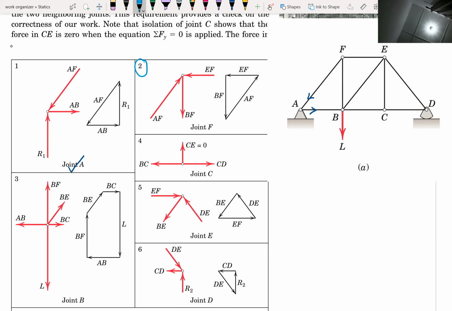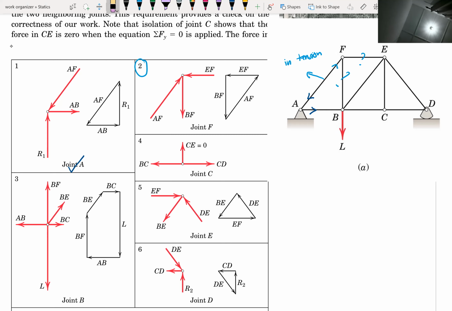Here we have A, so this one should be opposite, because we call this tension. In any case the direction should be opposite. If this is going downward, this one is going upward. Then for F, we have this one, and we don't know this one.